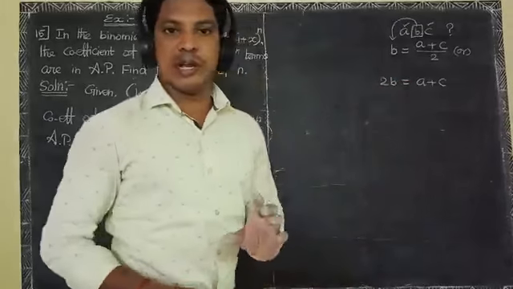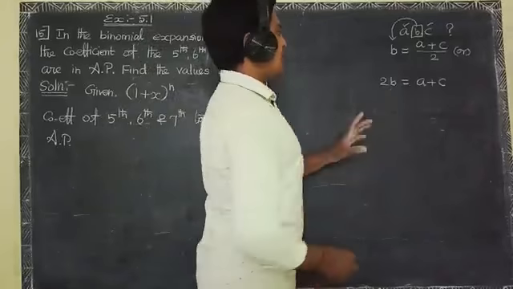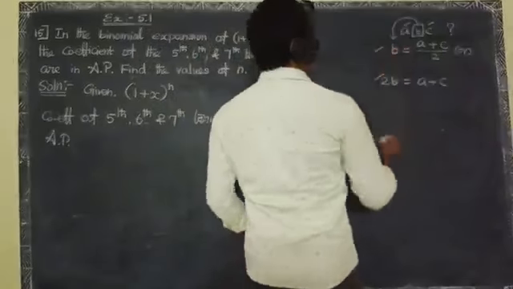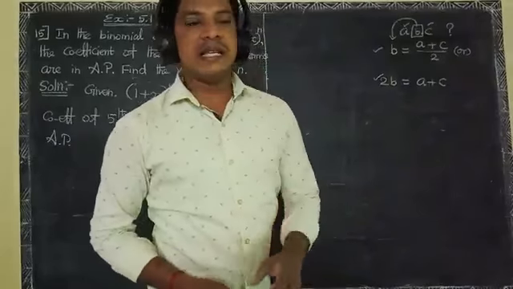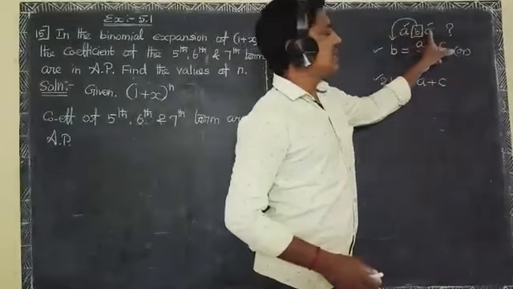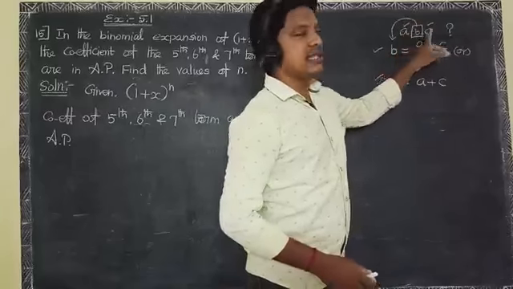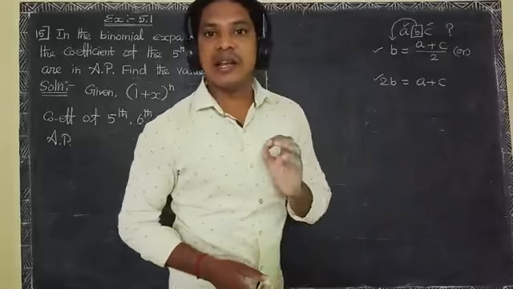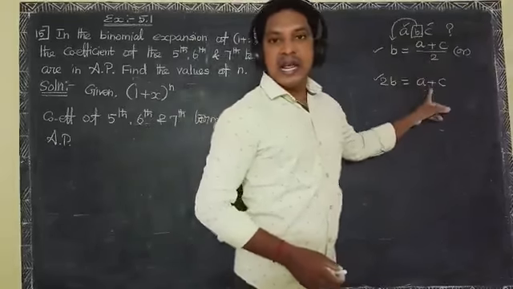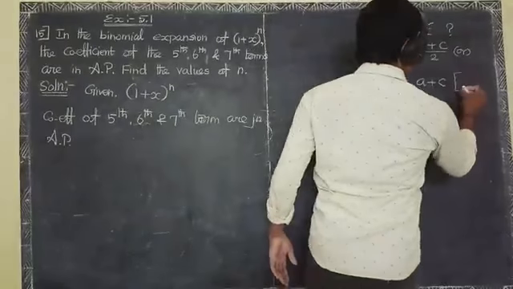If the sequence A, B, C satisfies this condition, then it is in AP. This is the condition for AP.